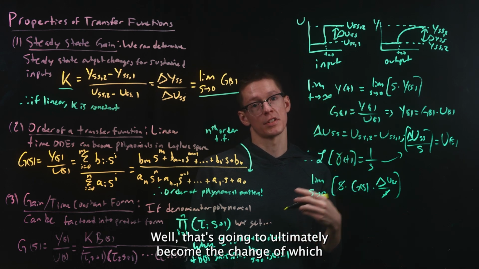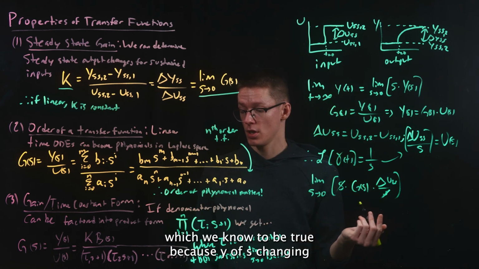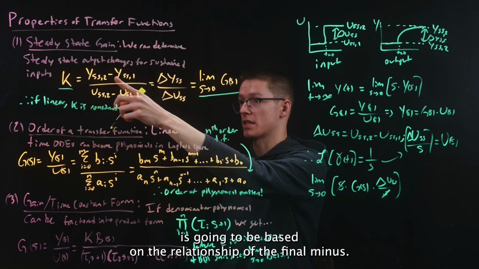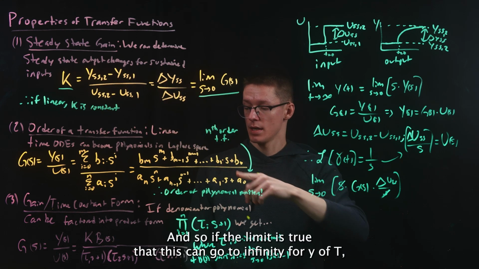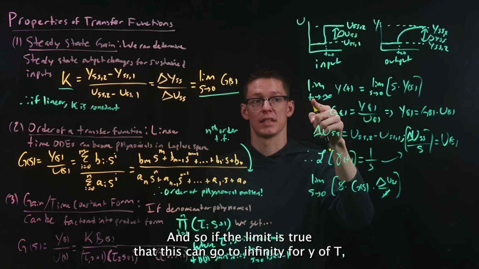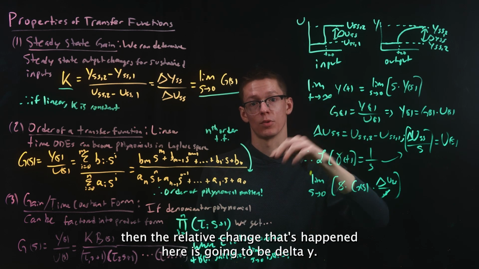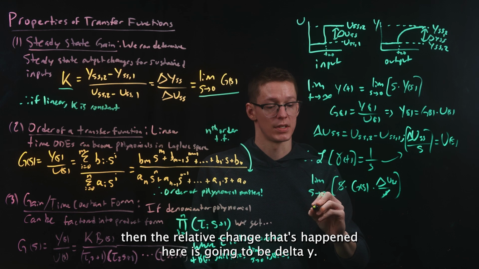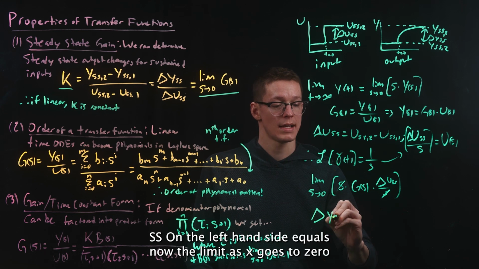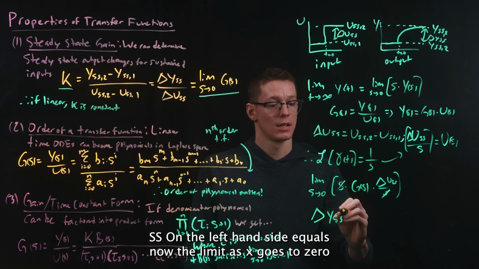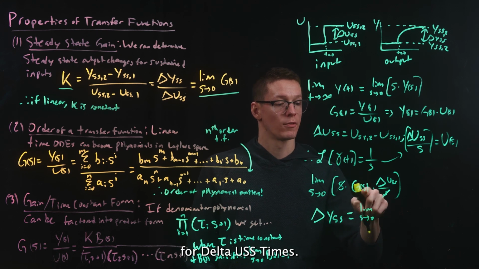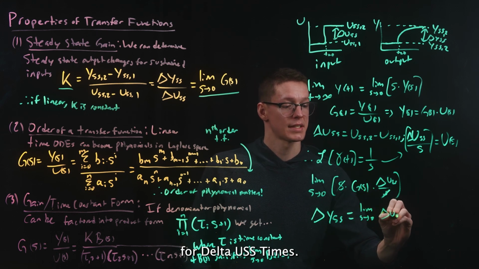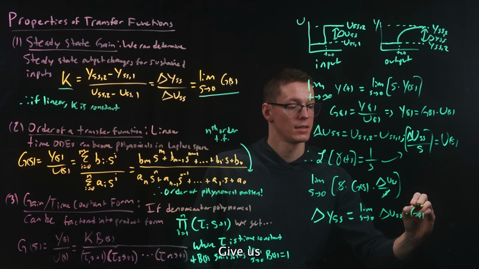Well, that's going to ultimately become the change, which we know to be true because y of s changing is going to be based on the relationship of the final minus the initial with these conditions. And so if the limit is true that this can go to infinity for y of t, then the relative change that's happened here is going to be delta yss on the left-hand side equals now the limit as s goes to 0 for delta uss times g of s.